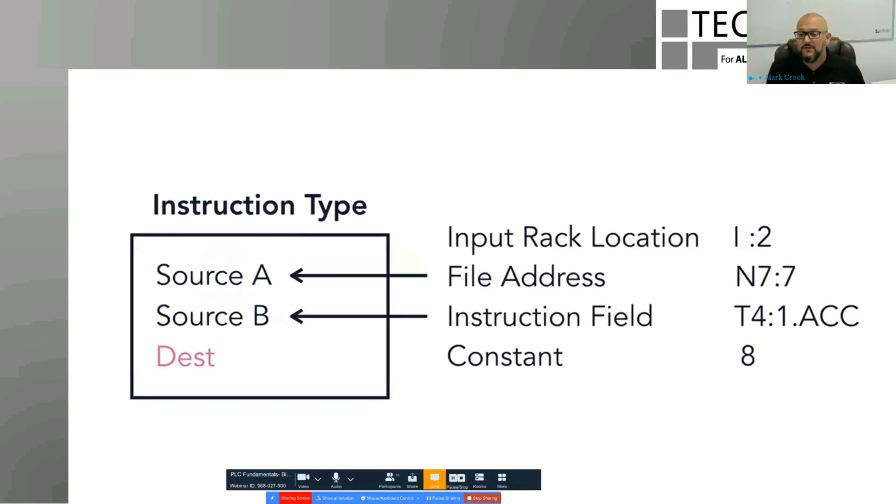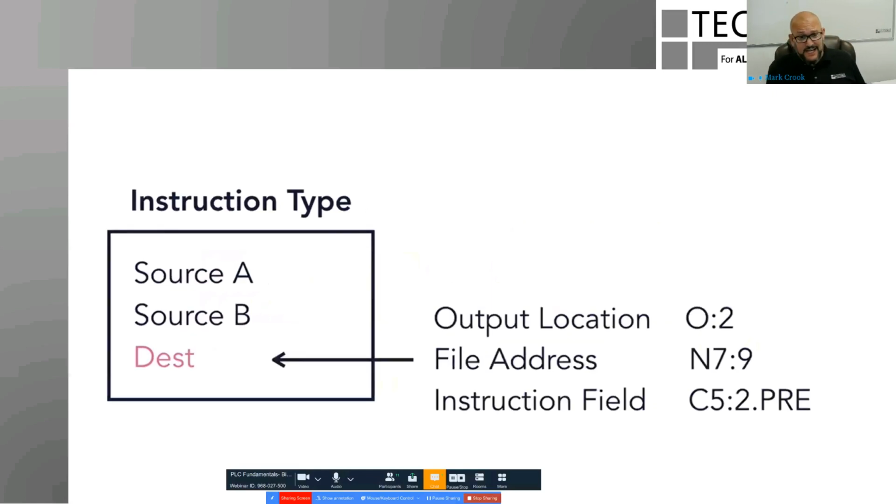It can be an instruction field, so it's coming from somewhere like the accumulated value of a timer or the accumulated value of a counter. And it can also be a constant, which is a fixed value, just a number that's going to sit in there and do the job that we want it to do.